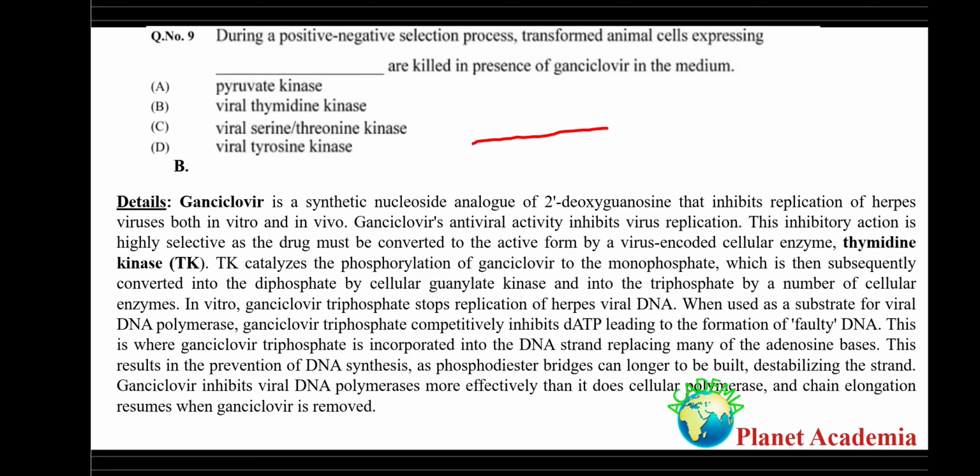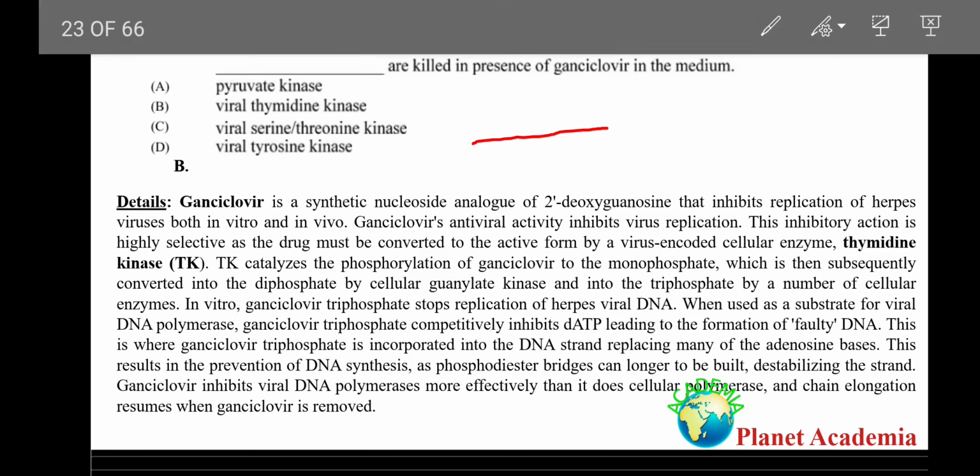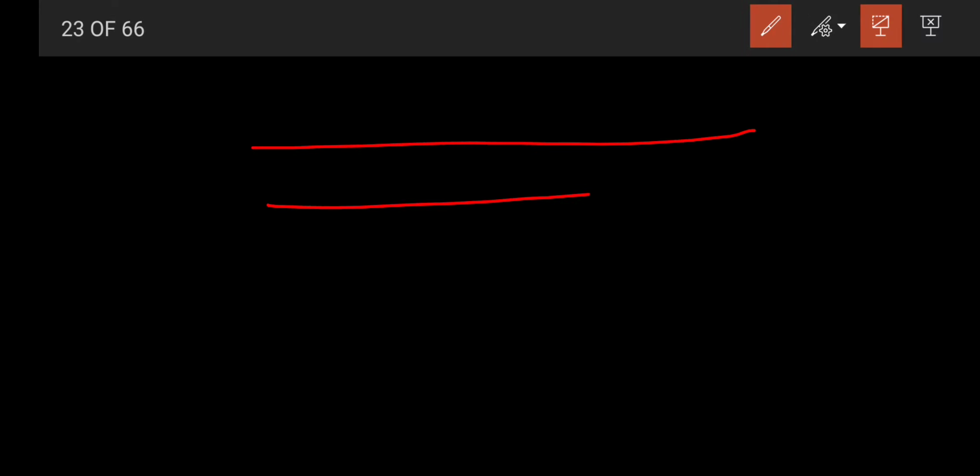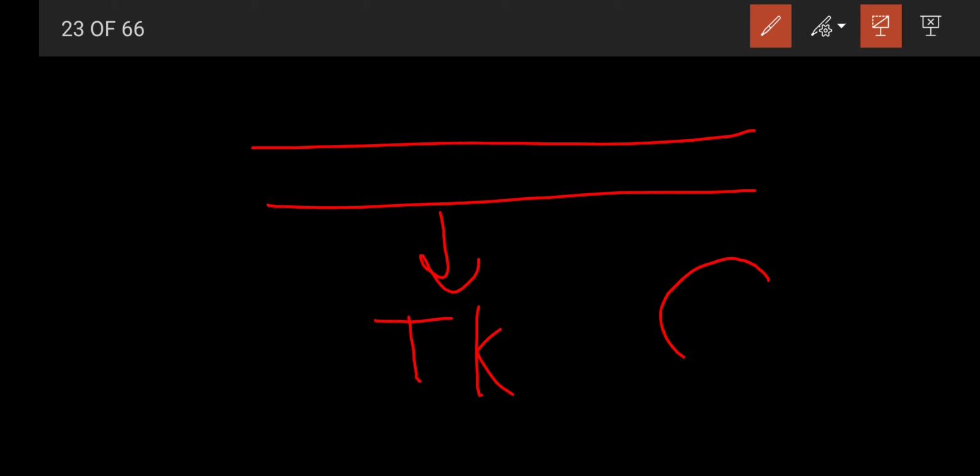When viral thymidine kinase is there, DNA can form thymidine kinase, TK, and it will activate ganciclovir by phosphorylating it.